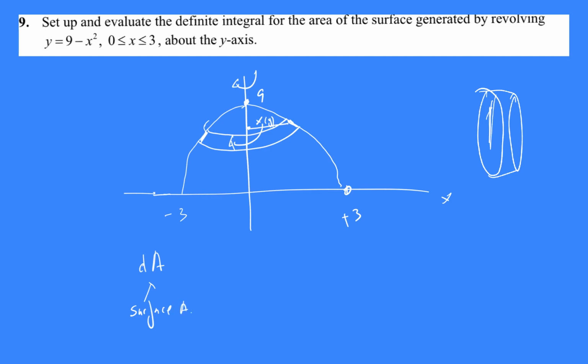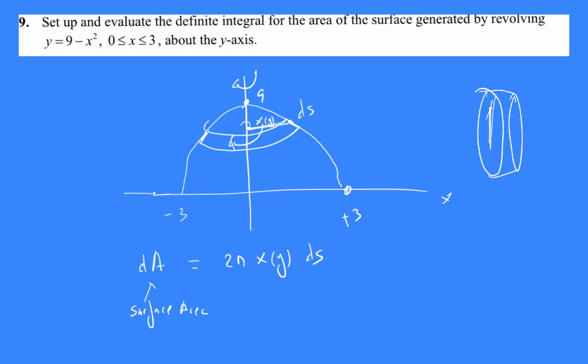The surface area element will be 2 pi by the radius, 2 pi x of y, by the element ds. So this is the formula.